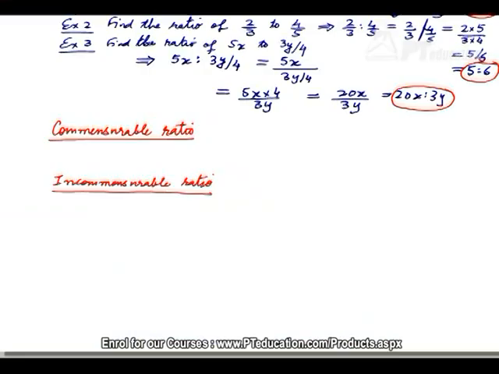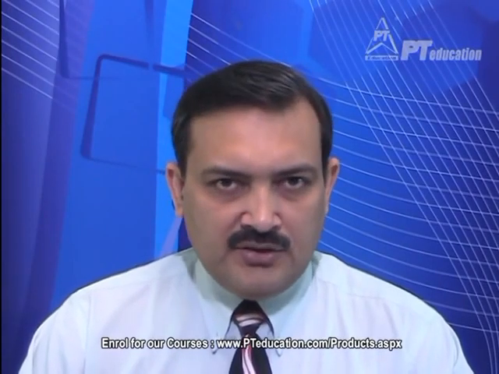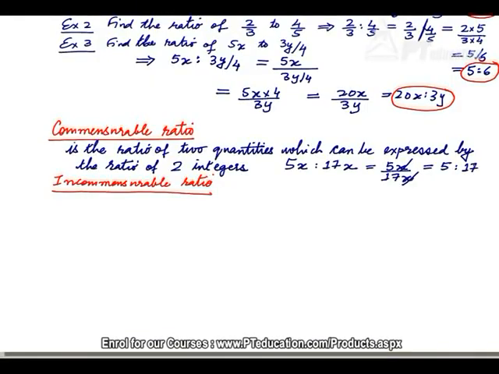Let us move on. Now let us study what are commensurable ratios and what are incommensurable ratios. Definitions. First of all, commensurable ratio. As you can see on the screen, a commensurable ratio is the ratio of two quantities which can be expressed by the ratio of two integers.